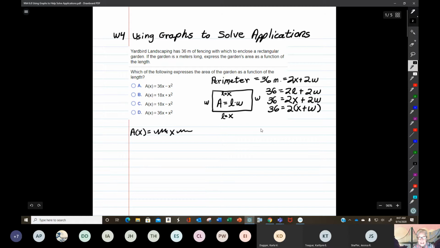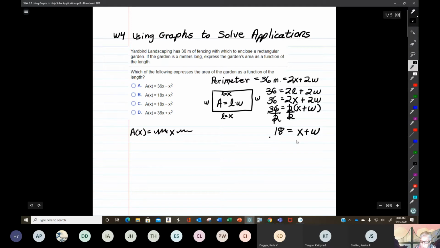I'm going to factor by the greatest common factor because numbers should always be as small as possible. So I'm going to divide by 2 and divide by 2. So the 2 cancels out here, and what I'm left with over here is 18. 18 equals X plus W. Okay, if I solve for W because I need to have X's, then here's what I'm going to do.